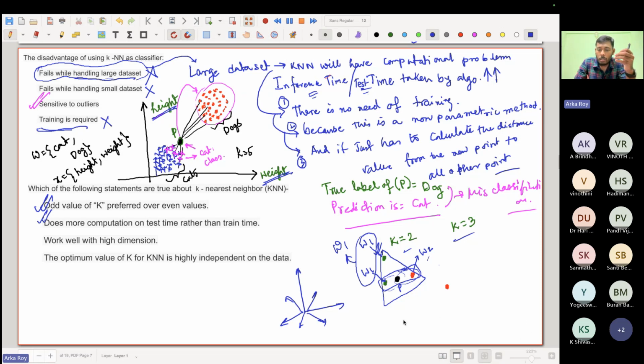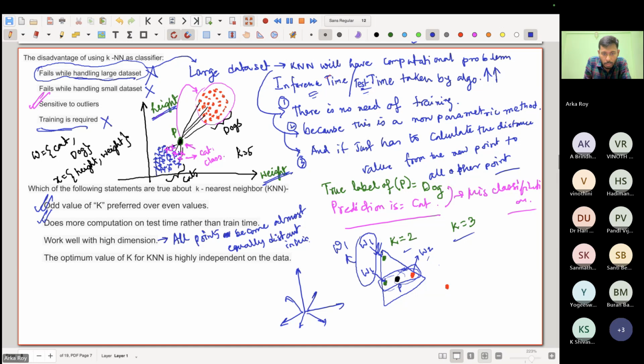Therefore, detecting the class samples based on the distance in the higher dimensional space is not quite relevant, because there is a very popular theorem that all points become almost equally distant in higher dimension.